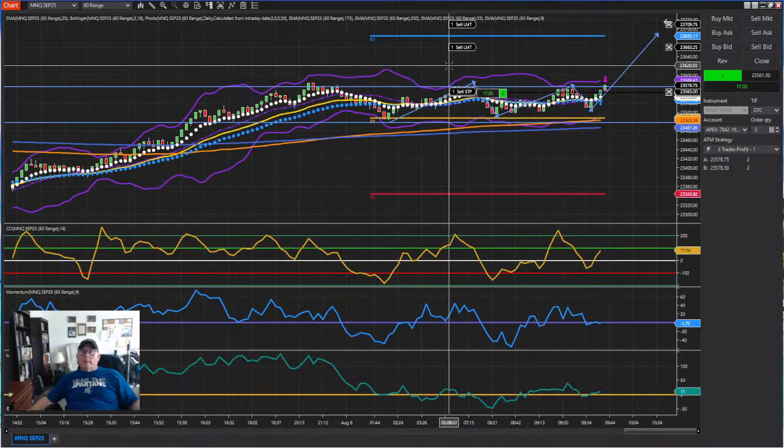Remember 3P was roughly in this area right here. That's what I'm looking for.